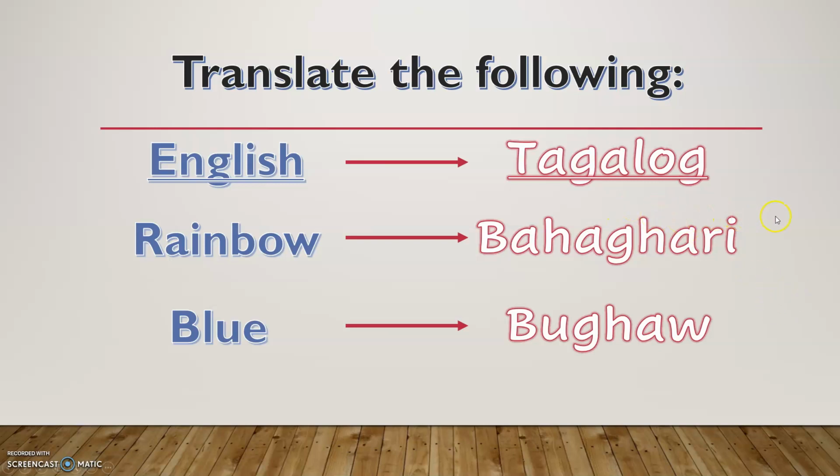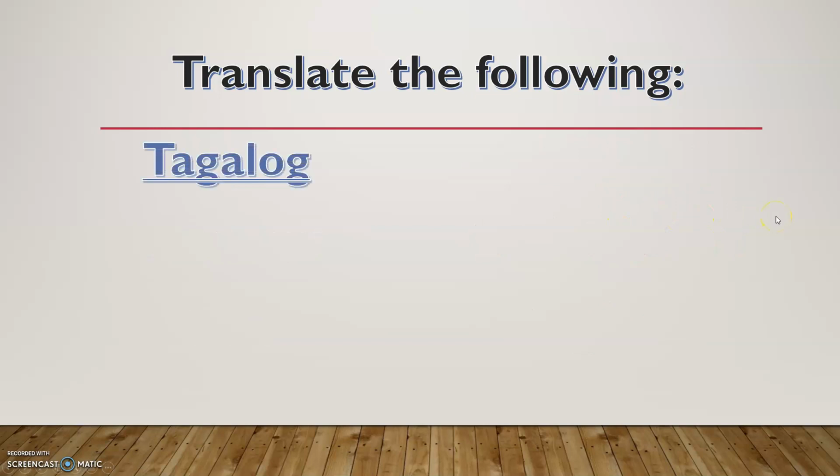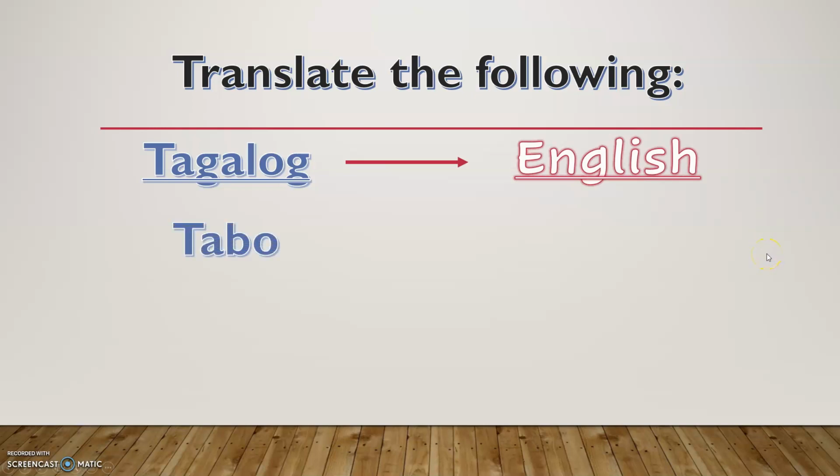And how about if we have these Tagalog words and I wanted to translate them into English? Let's start first with tabo. What is tabo in English? Tabo is dipper.